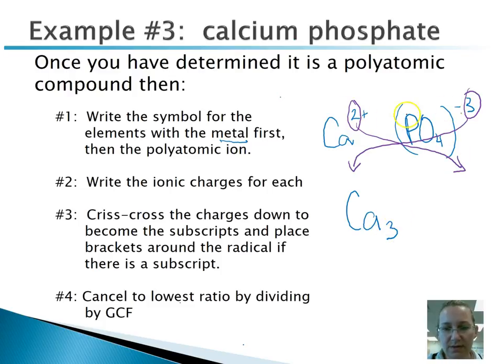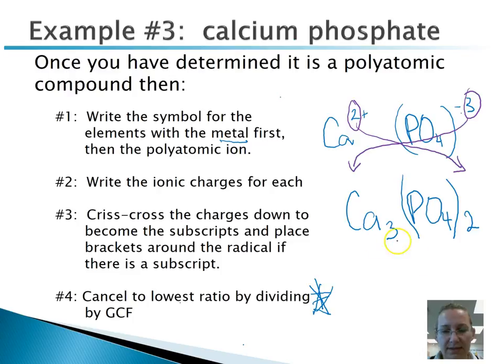And this one here, this is why I kept the brackets here, because if I just left it like this and put the number here, it's going to look like I have 42 oxygen, and I don't. What I have is 2 phosphate groups. Again, because I use the cross and drop method, you have to make sure it's in lowest terms. And 3 and 2 definitely are, that's as far as it can go. So the formula for calcium phosphate is Ca3(PO4)2.